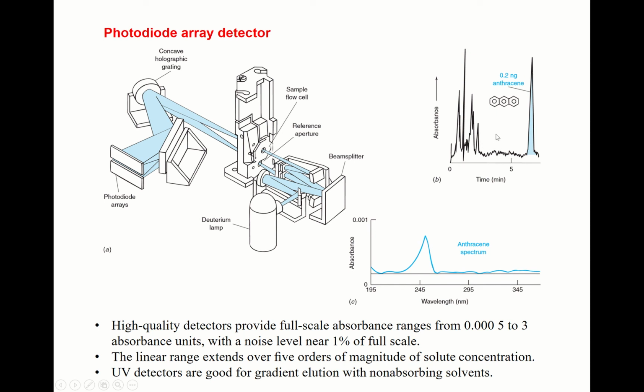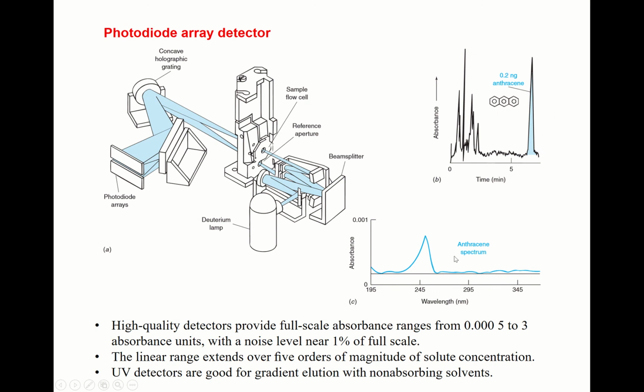So this is a chromatogram, and if you want to measure the spectrum of this peak, you use this photodiode array detector. Since all wavelengths in the signal are detected at the same time by the photodiode array, you can very rapidly get the whole spectrum for this peak.